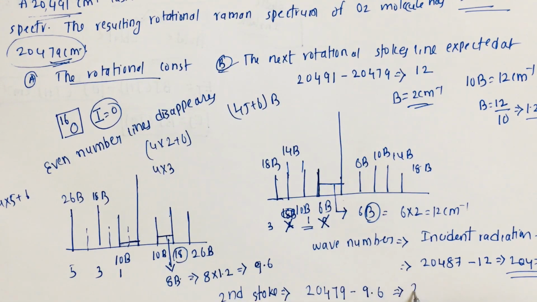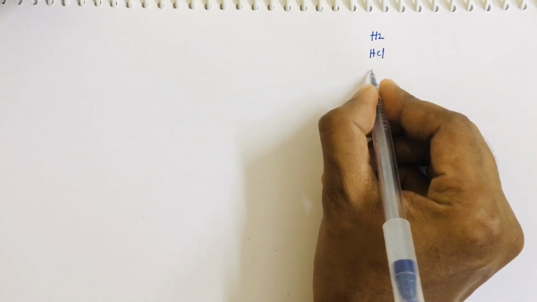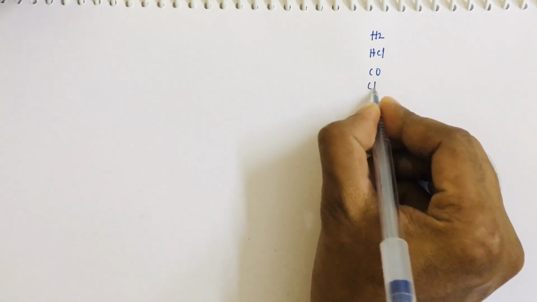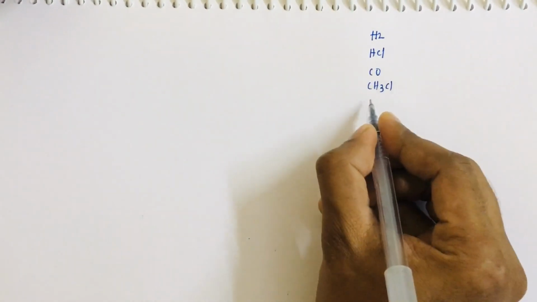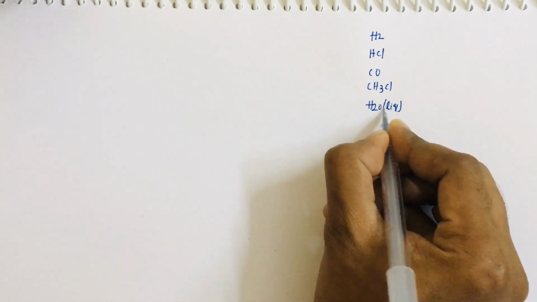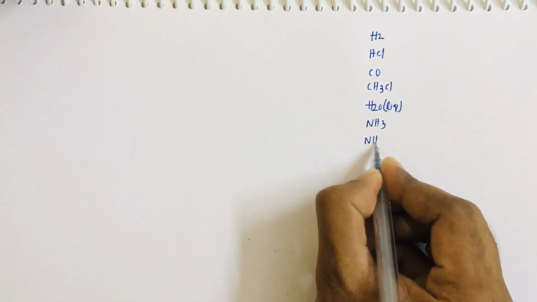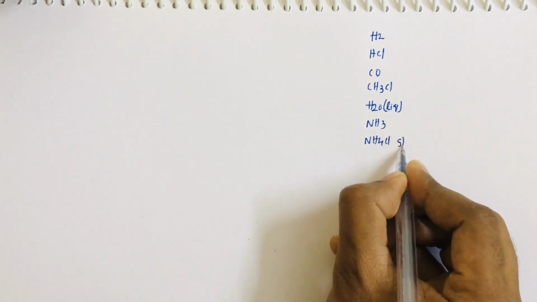A few examples: H2, HCl, CO, CH3Cl, H2O, here the state is liquid, NH3, NH4Cl, and this is the solid.